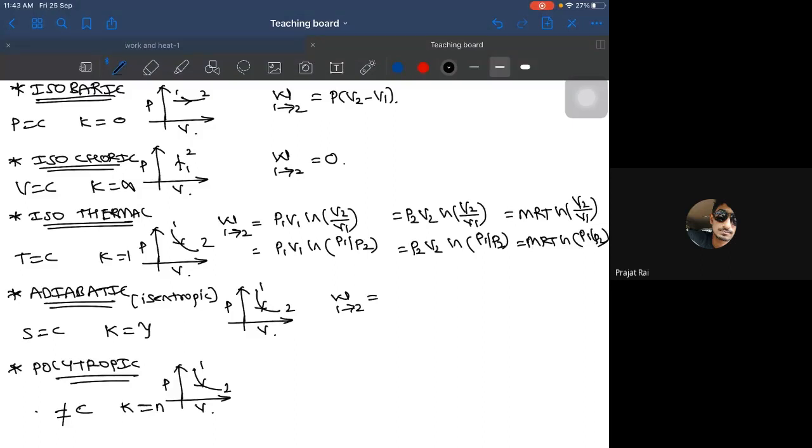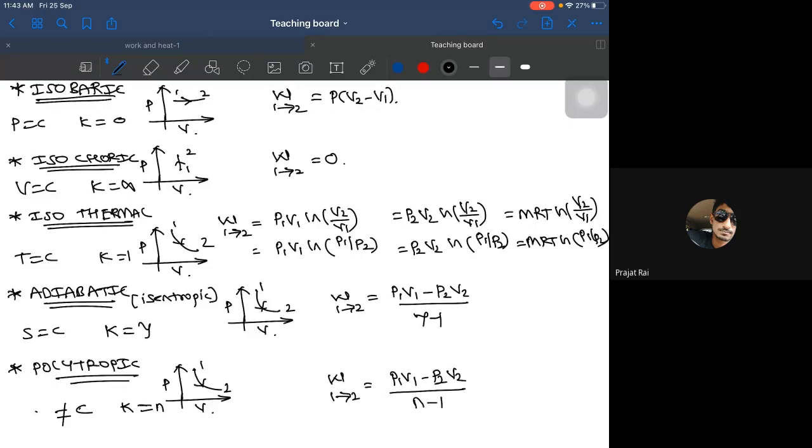P2 V2 minus P1 V1, or I can take it as P1 V1 minus P2 V2 divided by gamma minus 1. And for the polytropic work, I can just take it as P1 V1 minus P2 V2 divided by n minus 1.